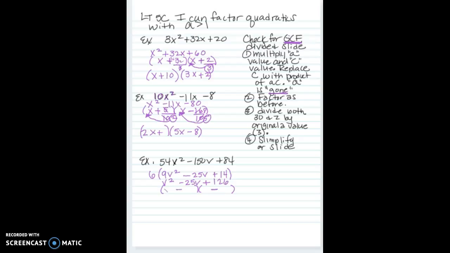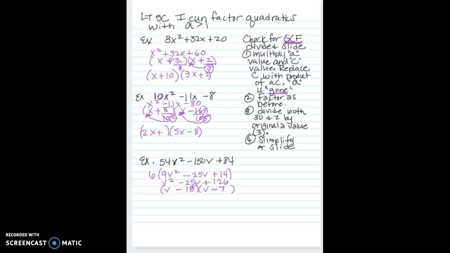The factors of v squared are v and v. Now I need the values that are the factors of 126 that I can add to 25. Well, 126 is divisible by both 18 and 7, and 18 plus 7 is 25. So I have an 18 in one of them and a 7 in the other.